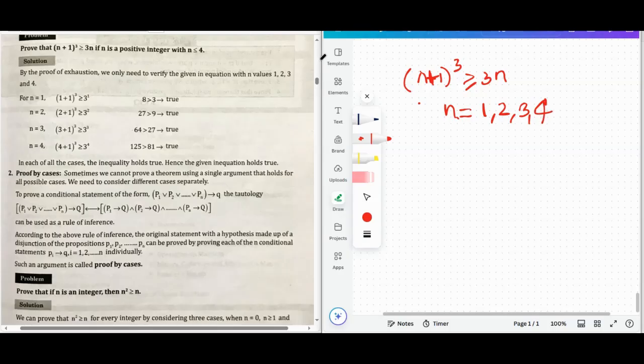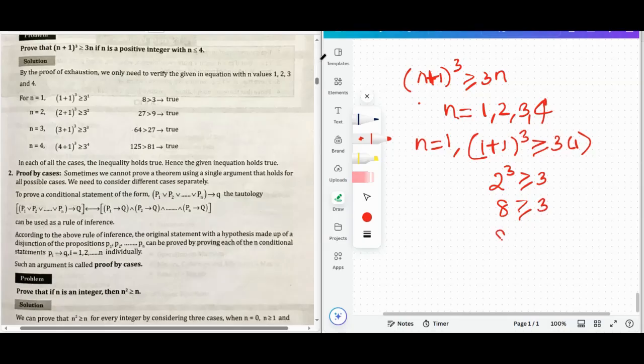So substitute the value. If n is equal to 1, what we get? That will be (1 plus 1) cube greater than or equal to 3 into 1. That will be 1 plus 1 is 2, 2 cube will be greater than or equal to 3. 2 cube is how much? 8 is greater than or equal to 3. So 8 is greater than 3, it is true.